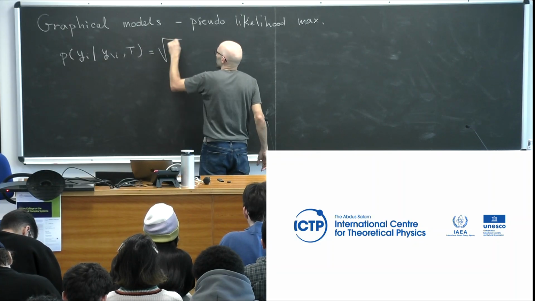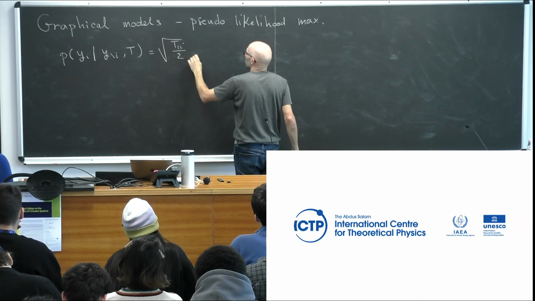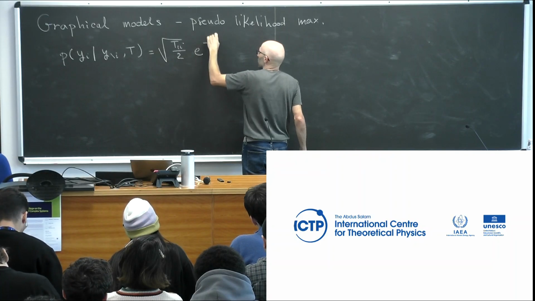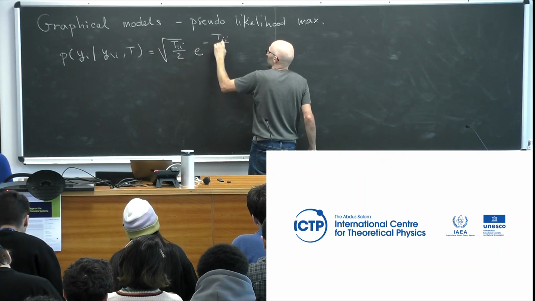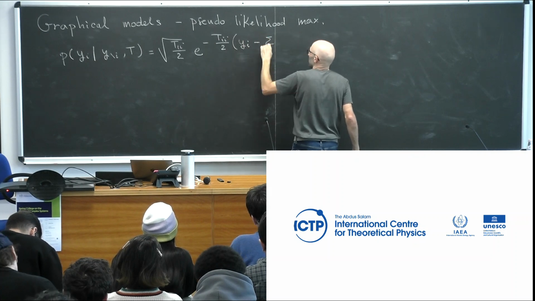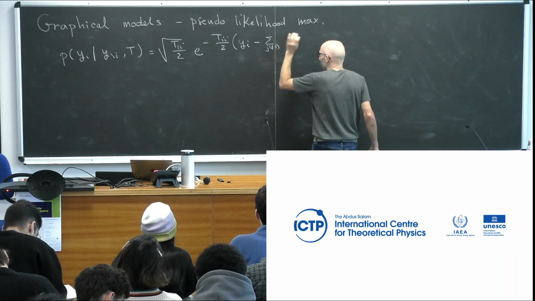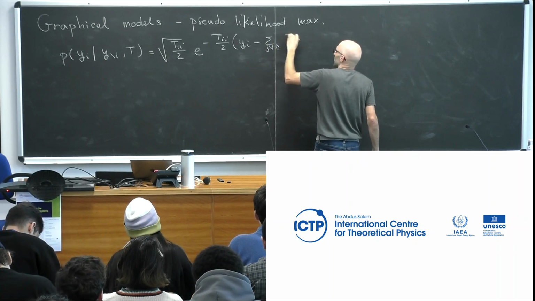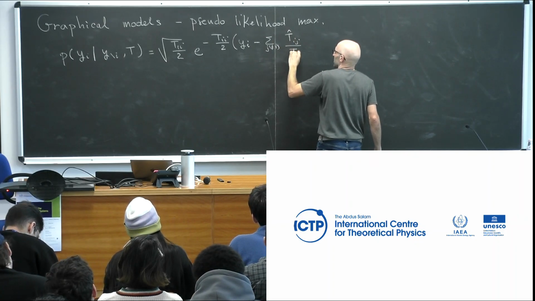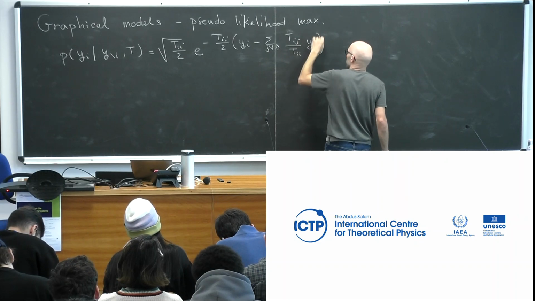And I wrote it as square root of t over 2 times the exponential of minus t over 2 times y minus the sum over j different from i of t ij, squared.